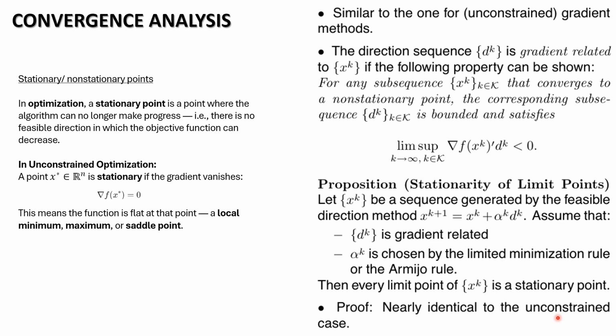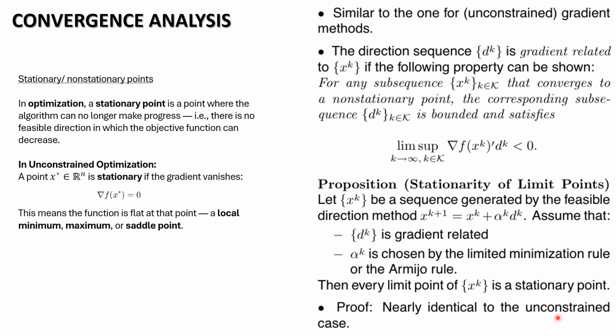For example, the Armijo rule ensures enough decrease, and gradient relatedness ensures convergence towards stationarity. The added constraint is the need to maintain feasibility, which is why feasible directions and carefully choosing alpha k are important.